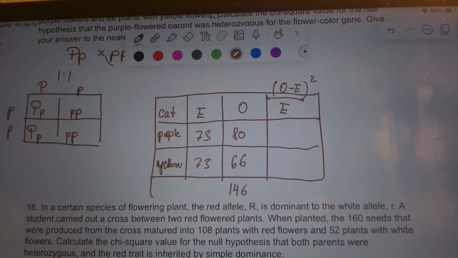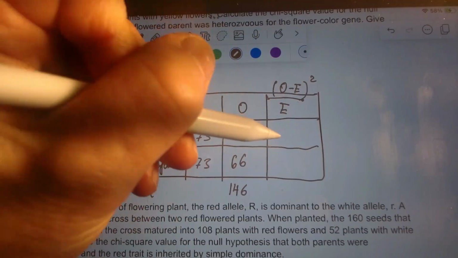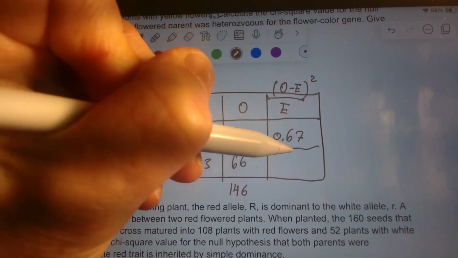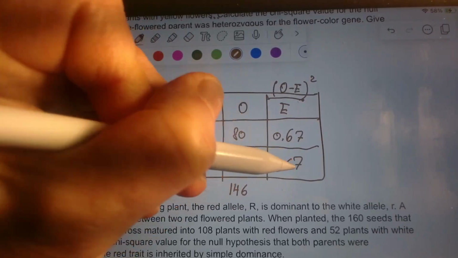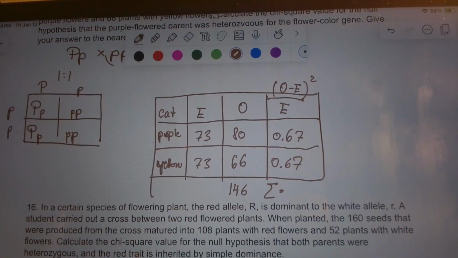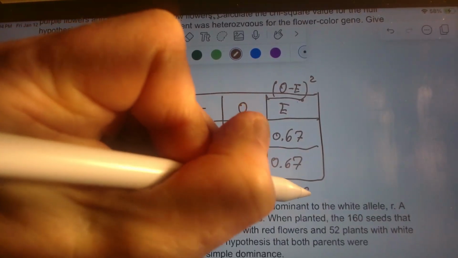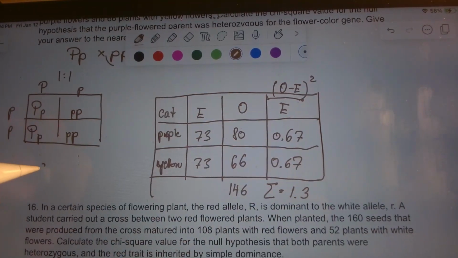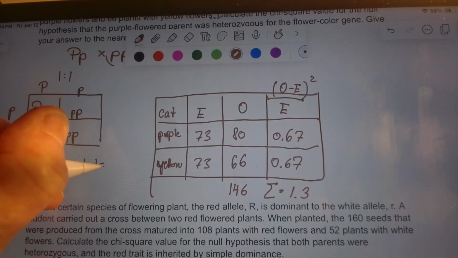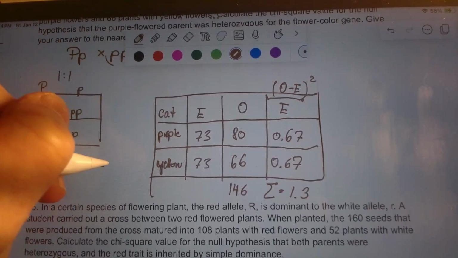And when you do the calculations, you will get 0.67 for here and 0.67 here. When we sum it up, we will get 1.3. Again, we figure out the degree of freedom, categories minus 1. Categories, we have 2, minus 1 is 1.